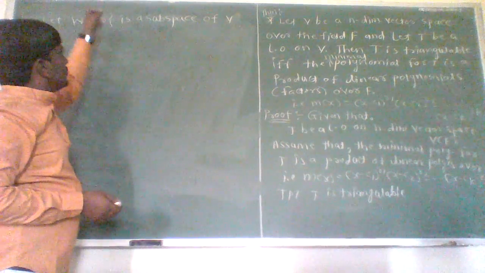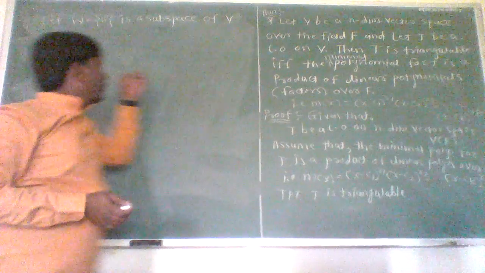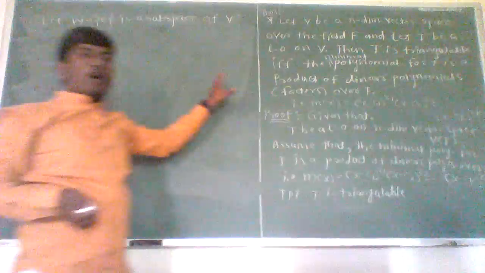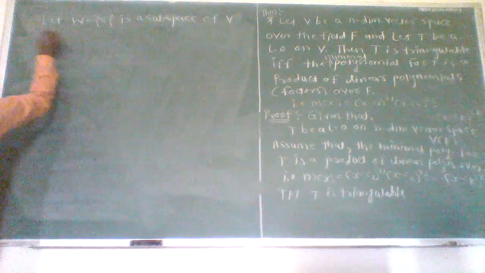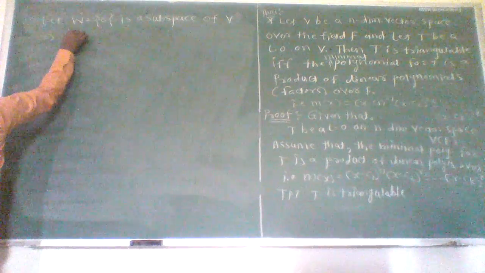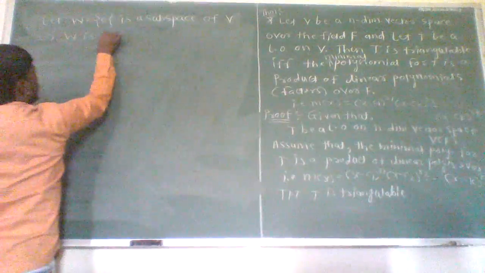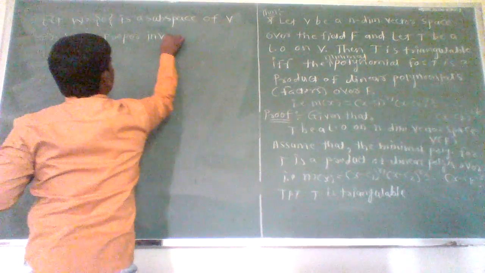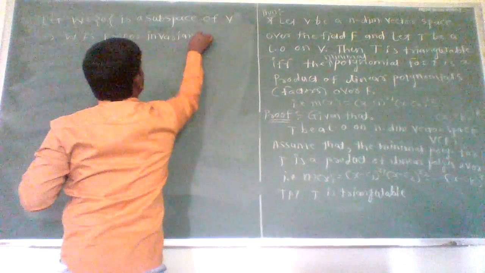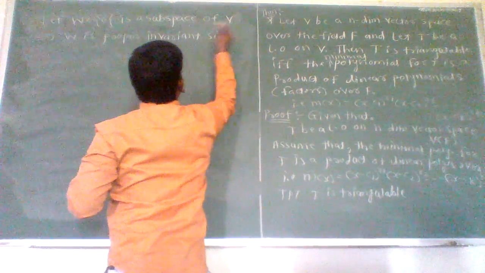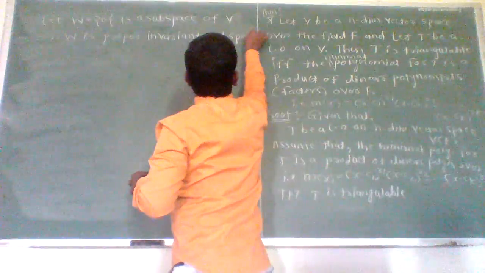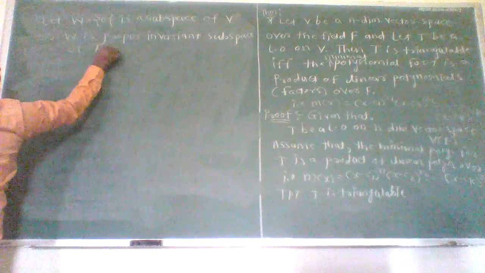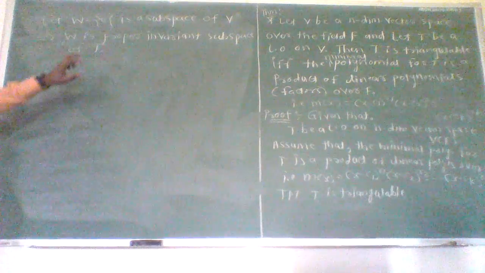So W equal to singleton 0 is a subspace of vector space V, and we know that singleton 0 is always invariant under the linear operator. Therefore W is a proper invariant subspace of the linear operator T.